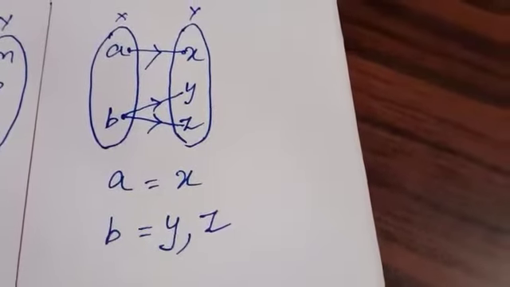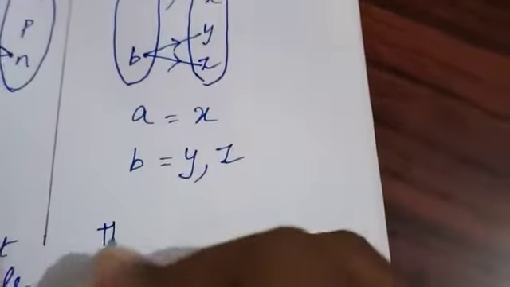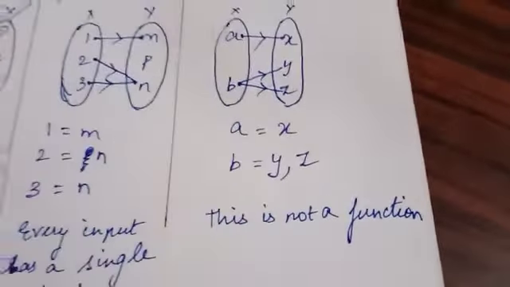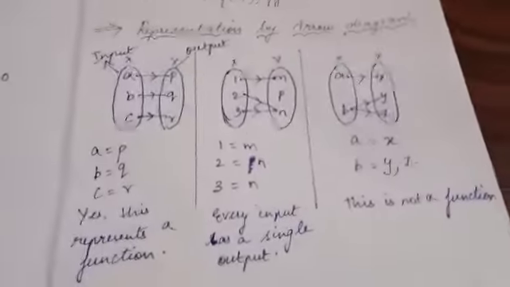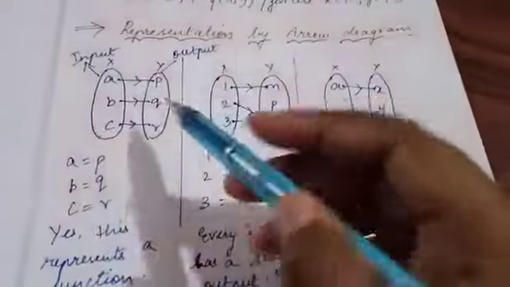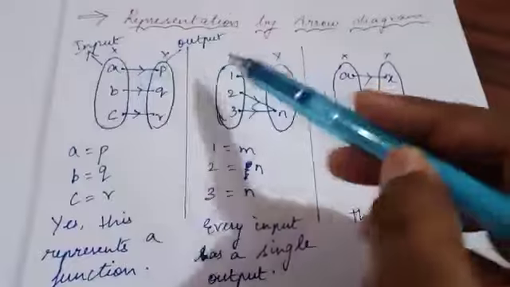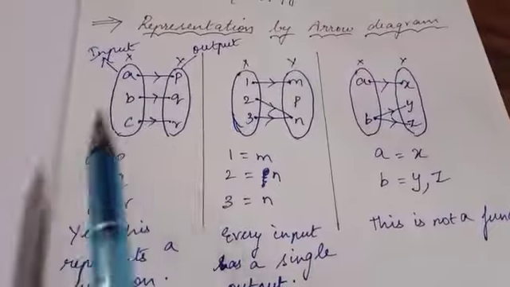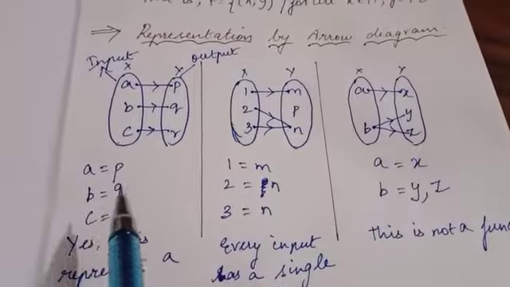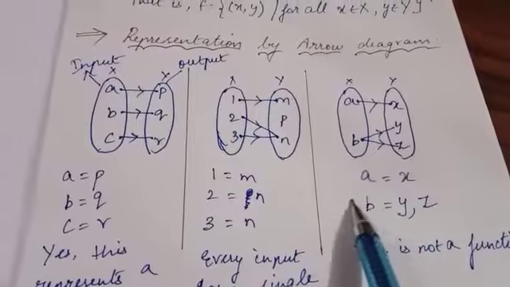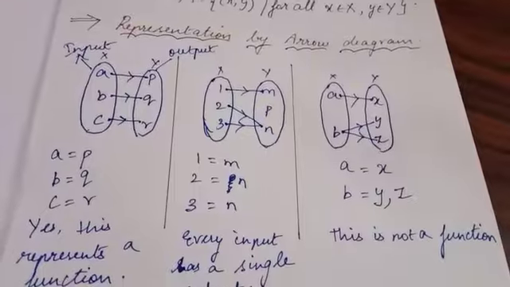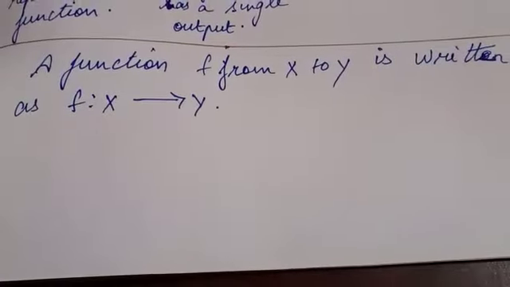So this is not a function. Understood, students? The condition for a function is every input must have a single output. If an input has two outputs, then this is not a function.